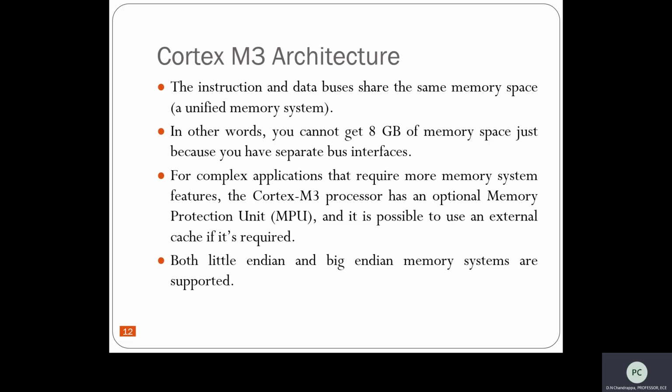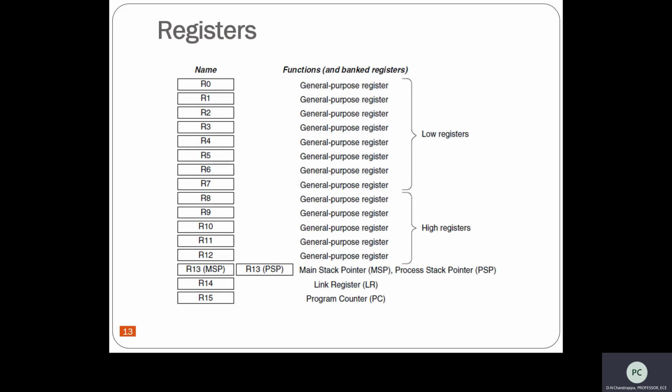Wherever we require it, we are going to use it, and it is possible to use an external cache if required. It supports both Little Endian and Big Endian memory systems. In the future classes, I'm going to explain about Big Endian and Little Endian.